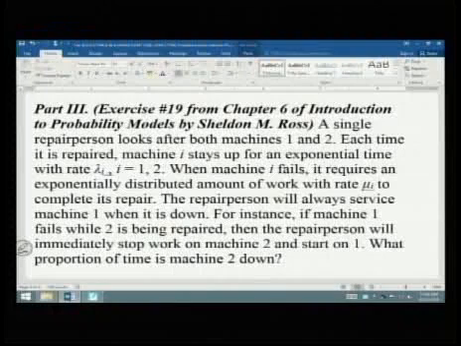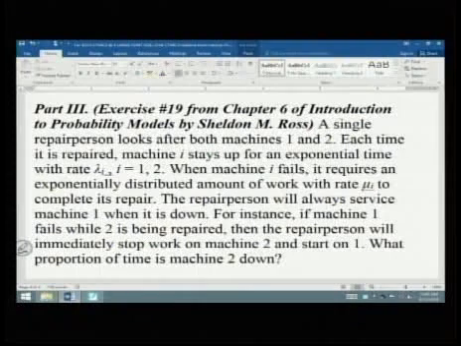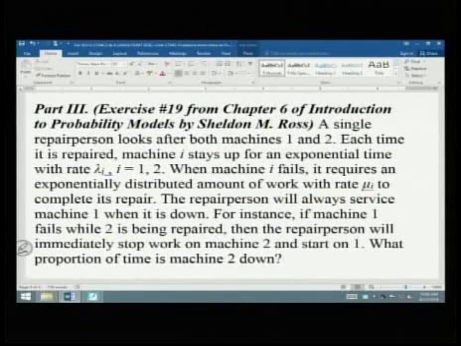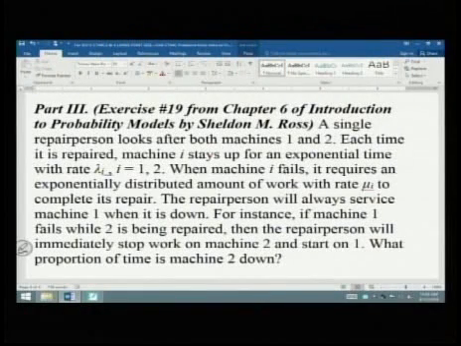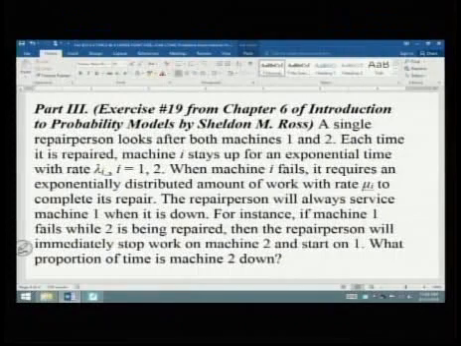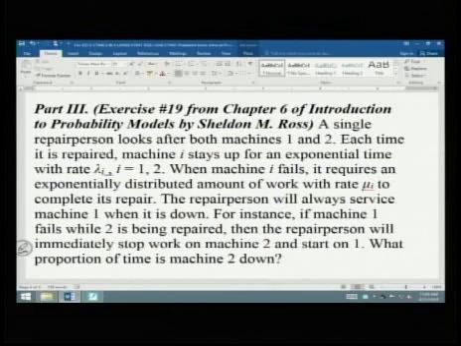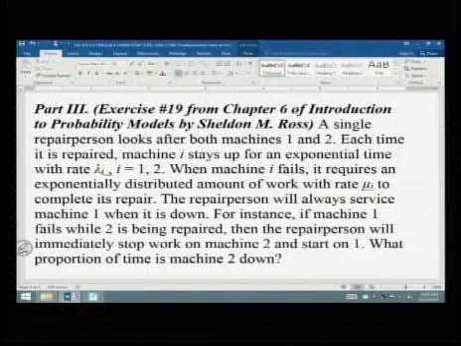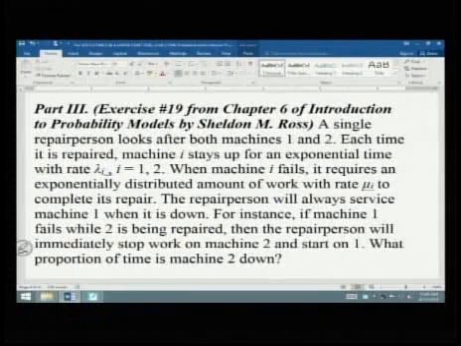Okay, so it's part 3. A single repair person looks after both machines 1 and 2. Each time it is repaired, machine i stays up for an exponential time with rate lambda i. Of course, since we are dealing with only 2 different machines, i can take only 2 different values, 1 and 2. And when machine i fails, it requires an exponentially distributed amount of work with rate mu i to complete its repair.